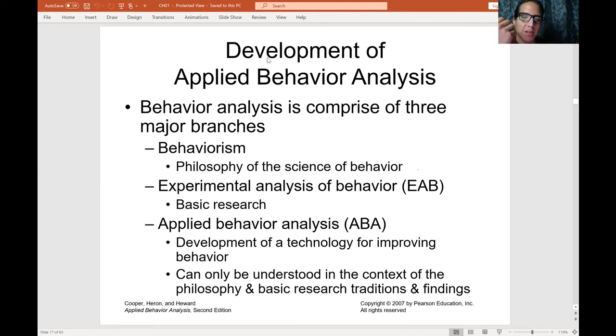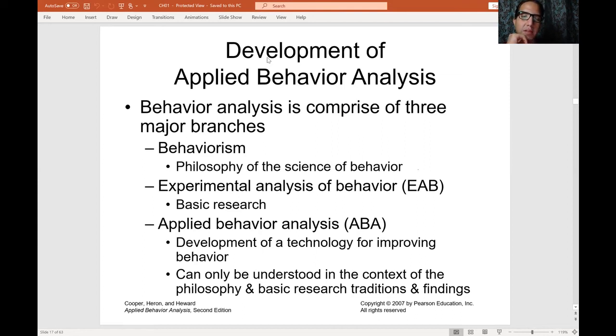And then, obviously, these experiments evolved into much more, and they fed each other more of the philosophy, they fed more of the research, and it's an evolving process between both. Then they started developing the technology for improving behavior and the applied behavior analysis, right?